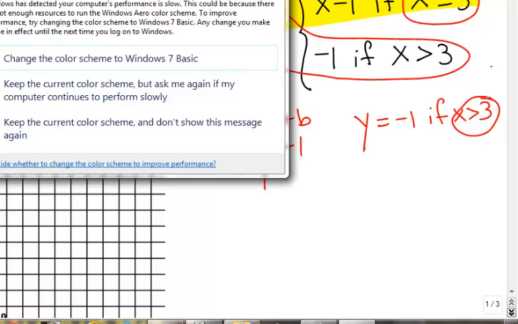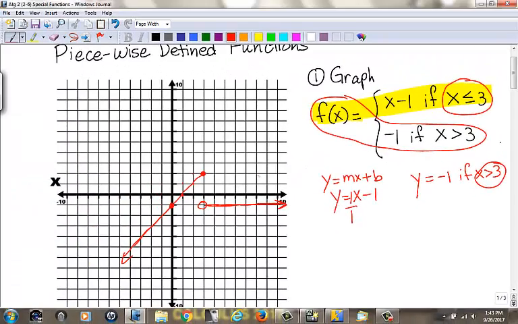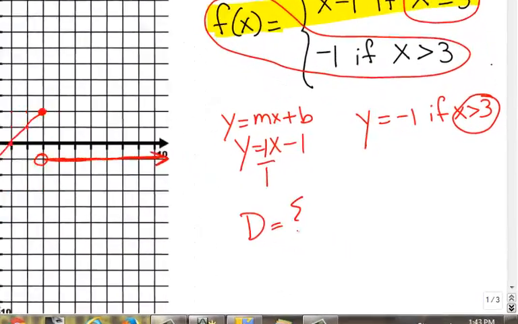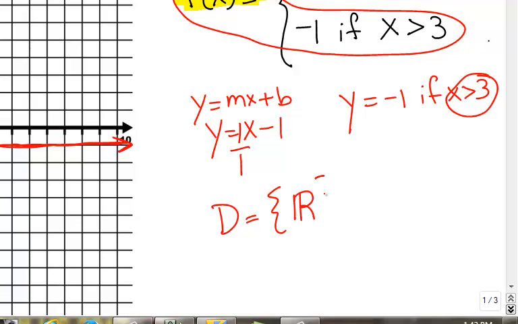Okay? On this, what's the domain of this graph? What x values am I using? If I continue this graph, what x values? All of them. So the domain of this graph would be all real numbers, right? For the range, this would keep going down, right?